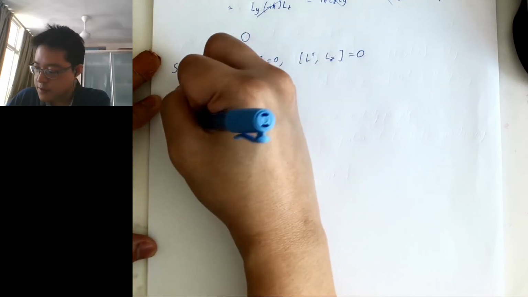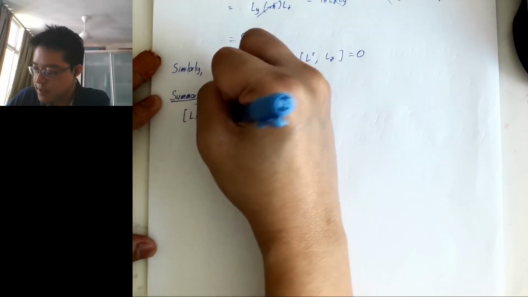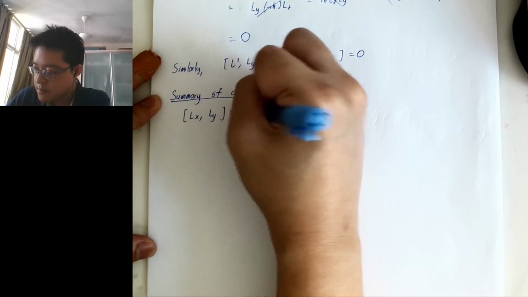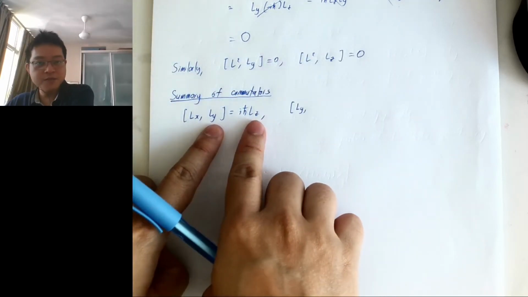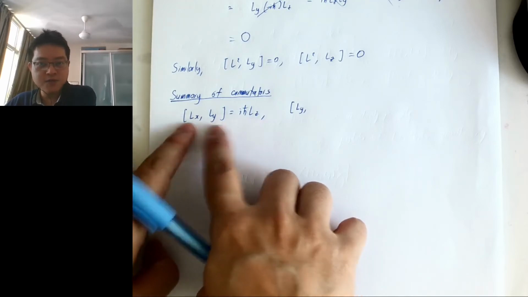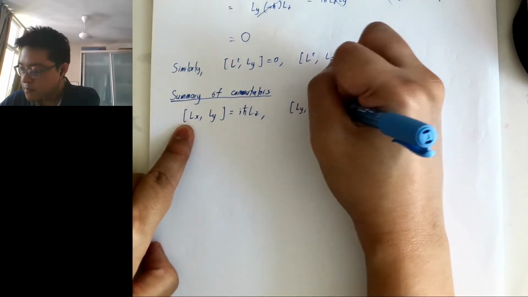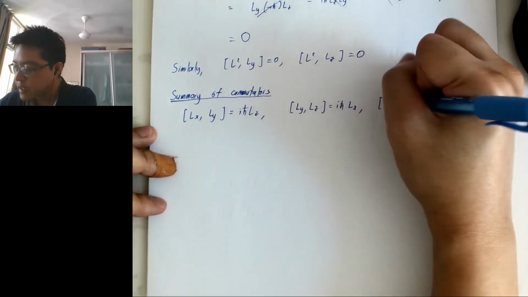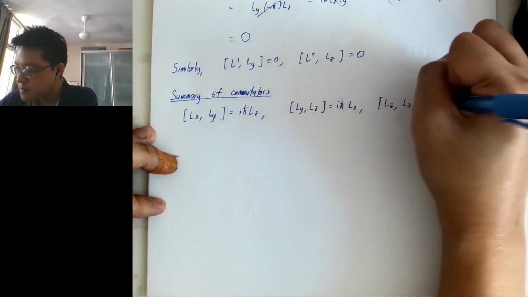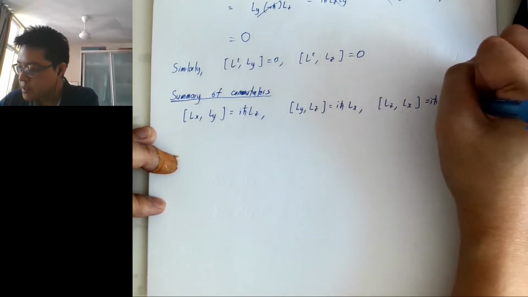So as we derived earlier, Lx, Ly is i h bar Lz. Ly, right, cyclic permutation. So what I do is I shift the y x to the back, these two move to the front. And then cyclic again, so cyclic, I shift to the front. So this is how you use the cyclic permutation.